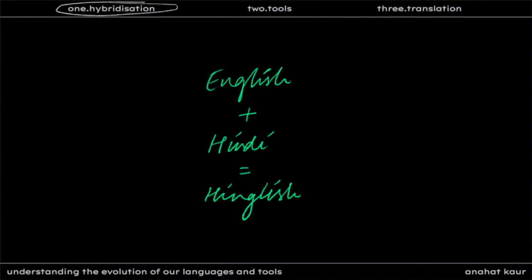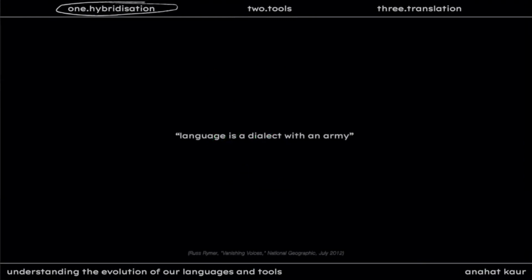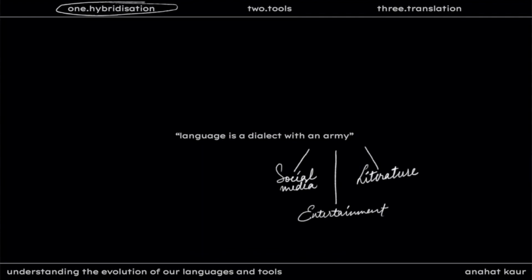The average urban Indian consumes most of their information in English or an English influenced version of Hindi called Hinglish. One linguist attempting to define what language is famously said that a language is a dialect with an army. He failed to note that some armies are better equipped than others. Popular social media like WhatsApp, Instagram, or Facebook equip English with a strong army of its own.